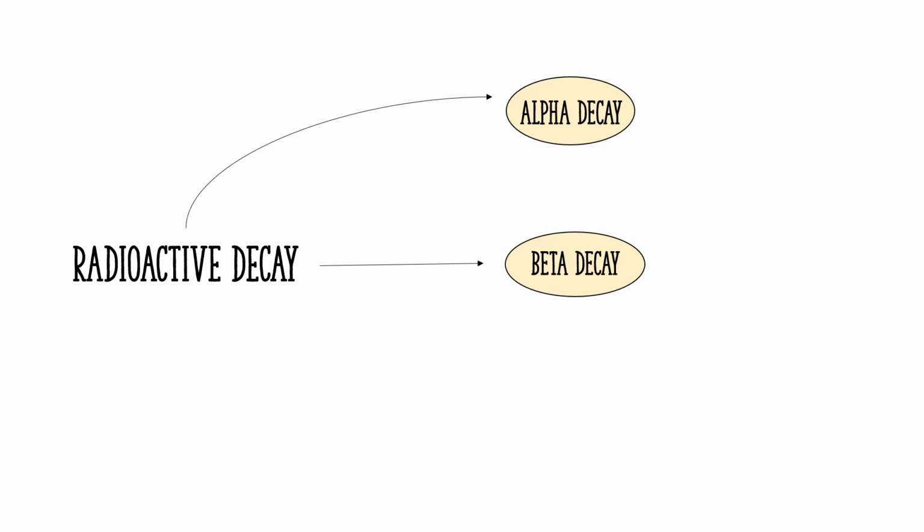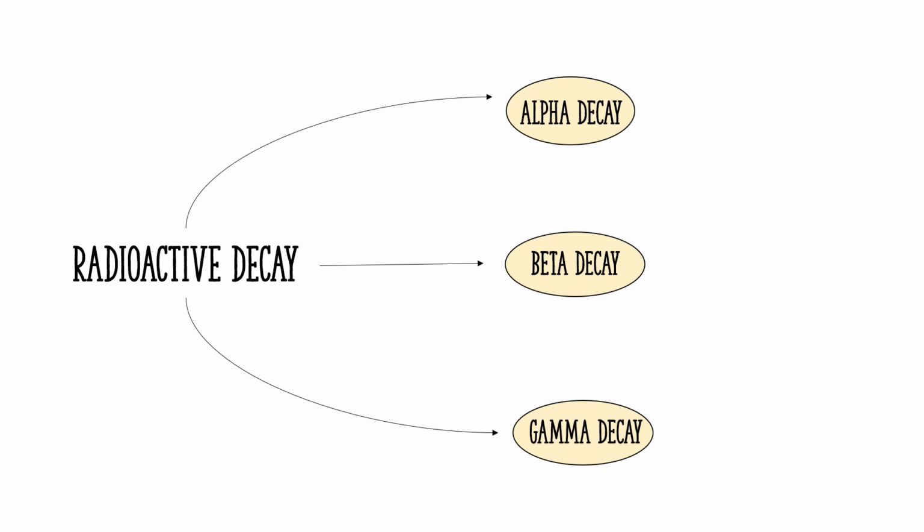We have already talked about why radioactive decay happens. Now, let's talk about the types of radioactive decay that exist. So, the first one is alpha decay, the second one is beta decay, and the third one is gamma decay. Now, each type of radioactive decay emits different types of radiation.